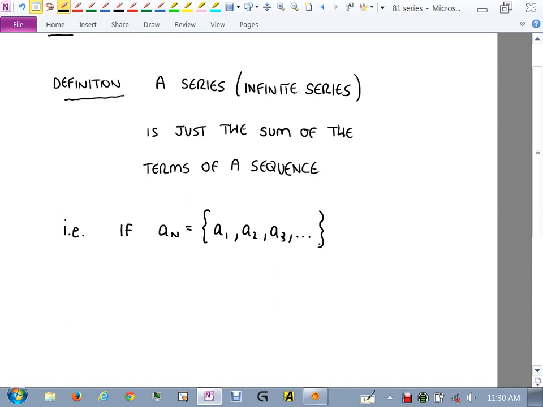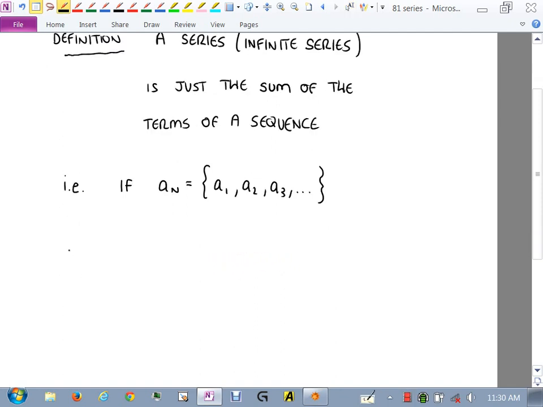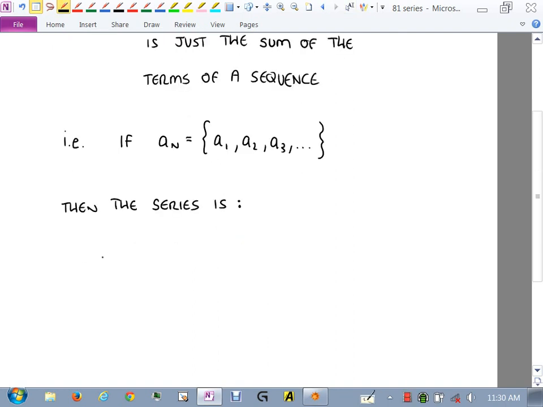If you're given a sequence, then the series is a1 plus a2 plus a3 forever.